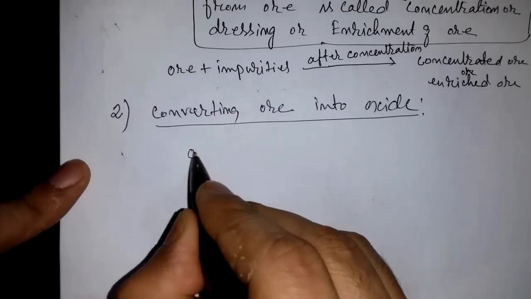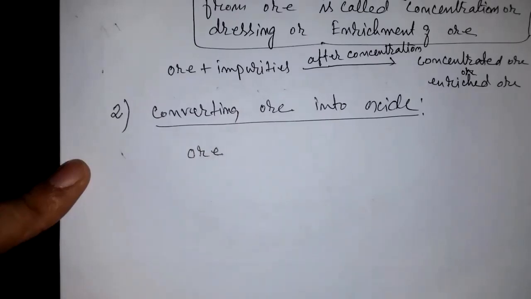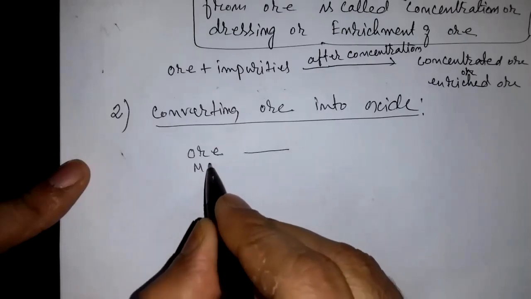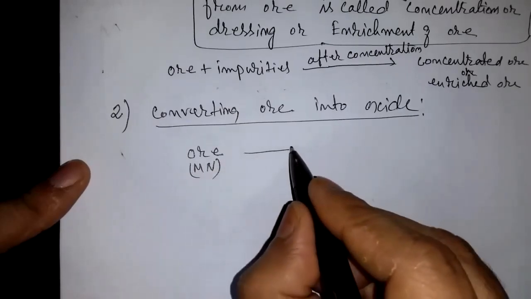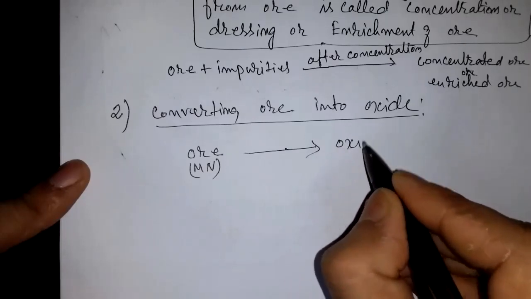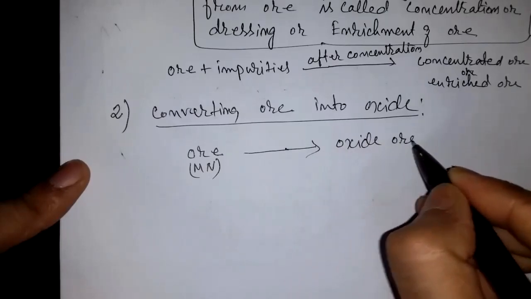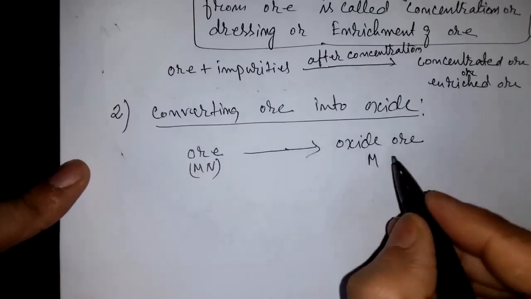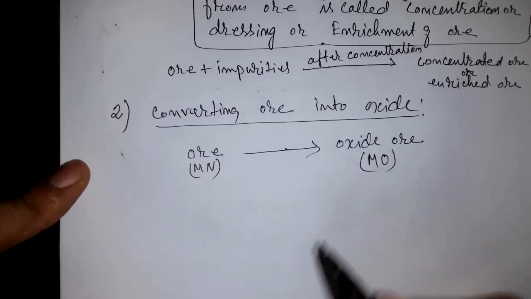We have the concentrated ore, which has metal and non-metal. We have to do some process so that the ore becomes oxide ore. That means the metal will remain the same, but the non-metal should become oxygen.